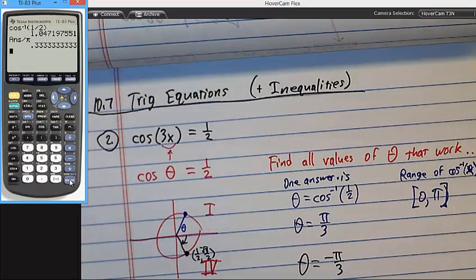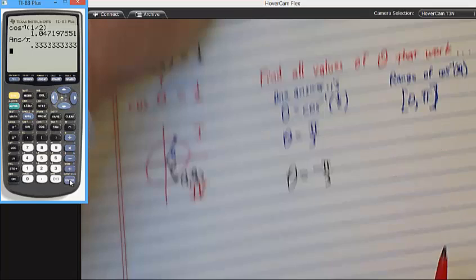But see, when I say find all values of theta that work, what else do I have to do now? I have to start adding multiples of 2 pi. You guys with me so far? So what if I said that the answer would be things like this?